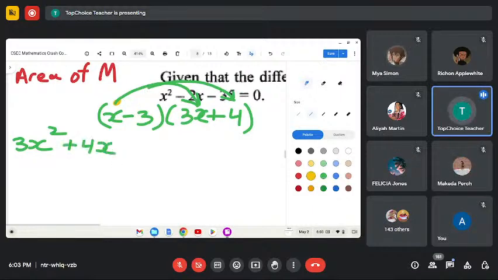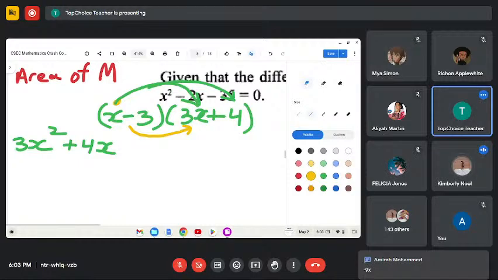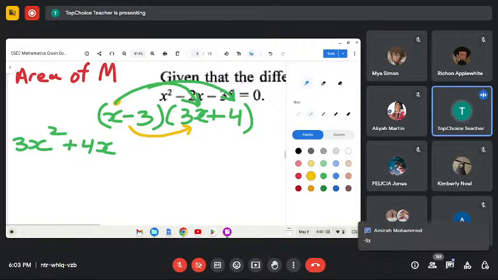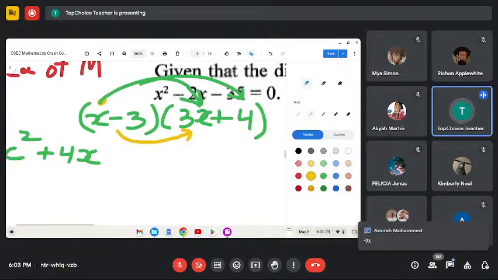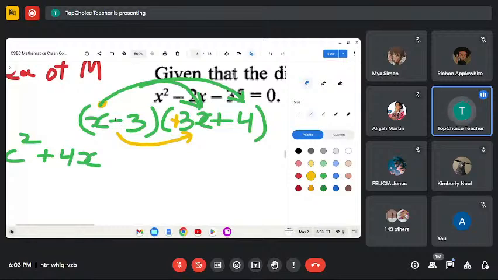Now, moving to the one underneath, what is negative 3 times 3x? Minus 9x, that is correct. Let's look at the signs: we have a negative being multiplied by a positive, so our sign is going to be negative. Negative times a positive is negative.